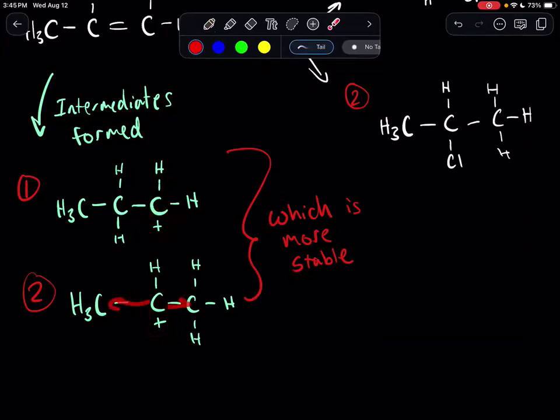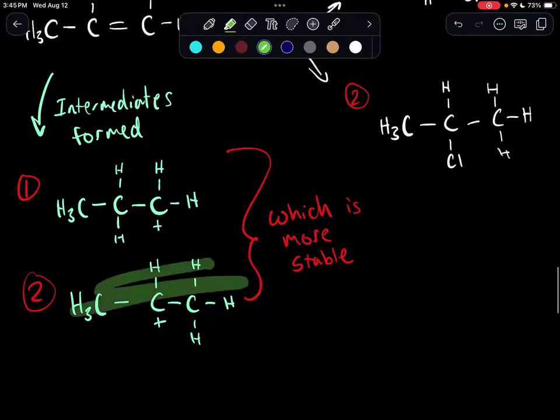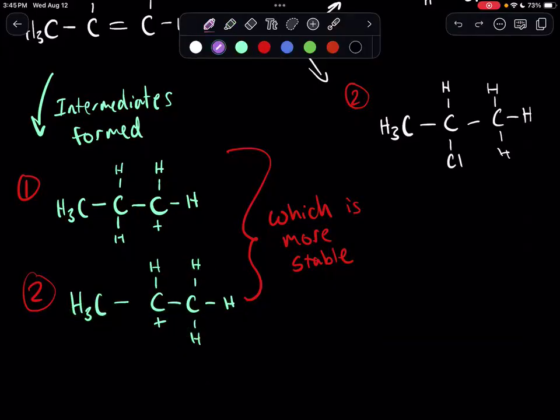And turns out the secondary carbon can share with both carbons, while the primary can only share with one. Therefore, if we switch colors, this is our more stable product. 2 is more stable.